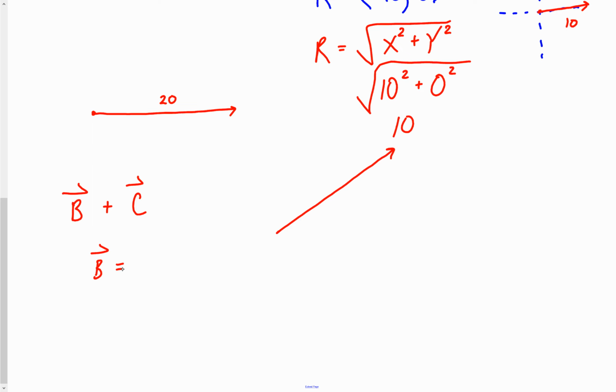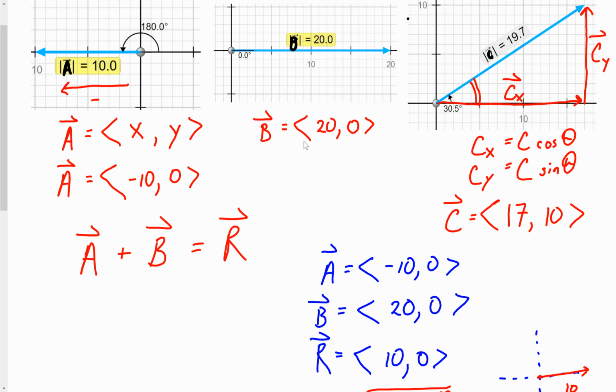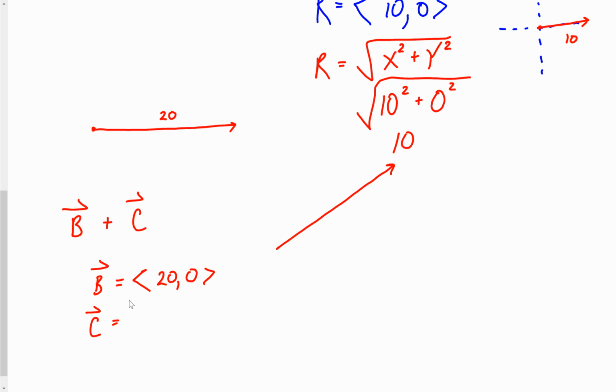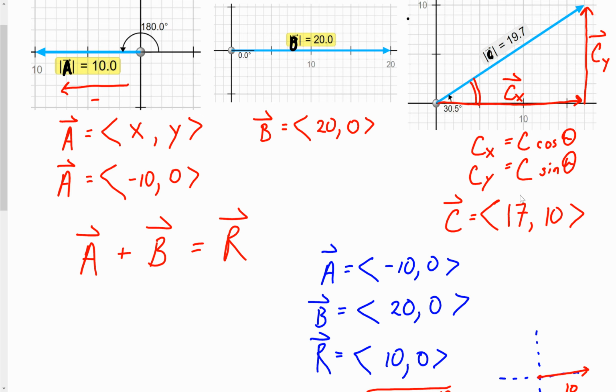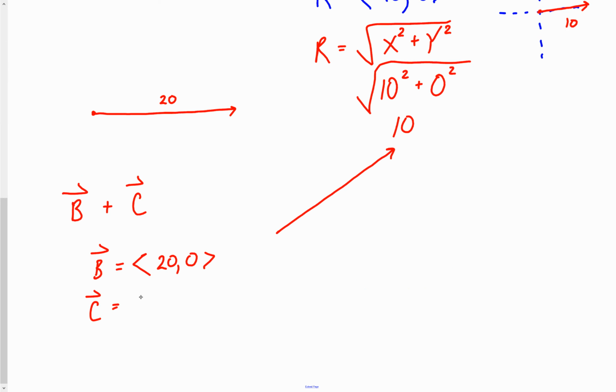Vector B, we said, was what? Scroll back up. Vector B was 20 and 0. So let's write down that definition: 20, comma, 0. Vector C, by definition, let's go back and look at C. It was 17 and 10. So 17, comma, 10.